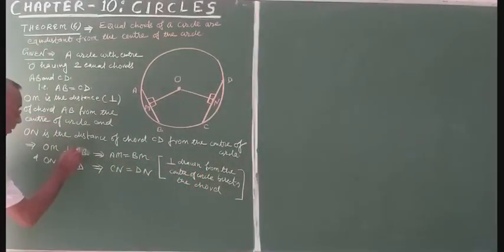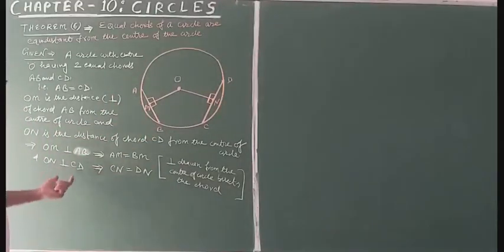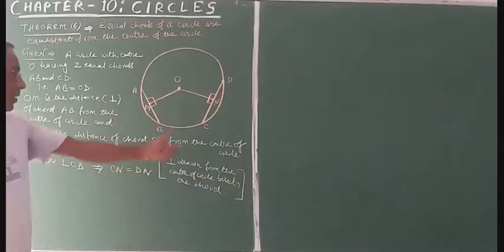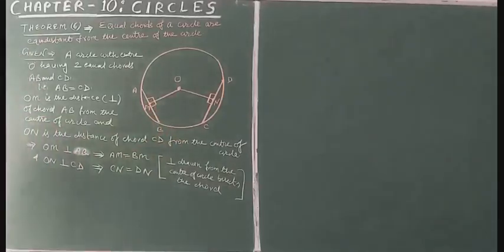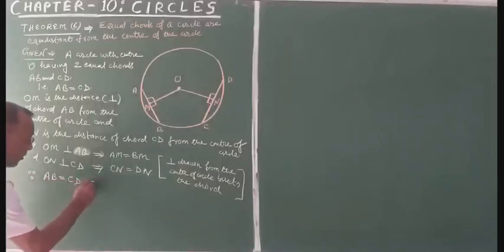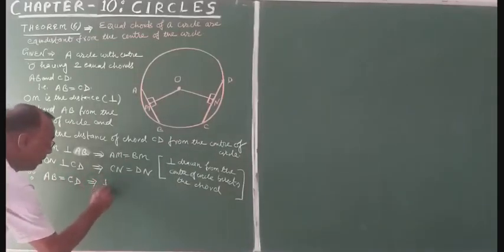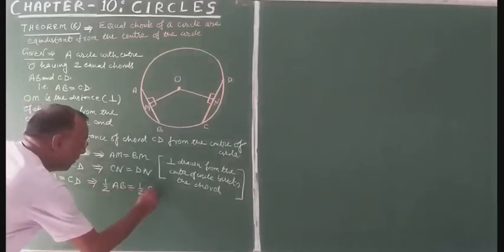Therefore, OM perpendicular to AB will imply that AM and BM are equal, and ON perpendicular to CD will imply that CN is equal to DN. Now just look one more thing. Since AB is equal to CD, this is given in the question, therefore half of AB will be equal to half of CD.